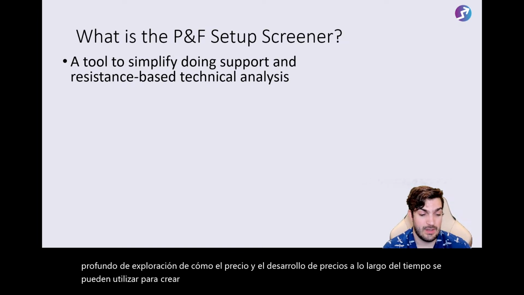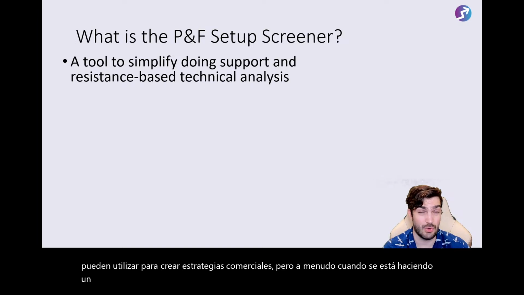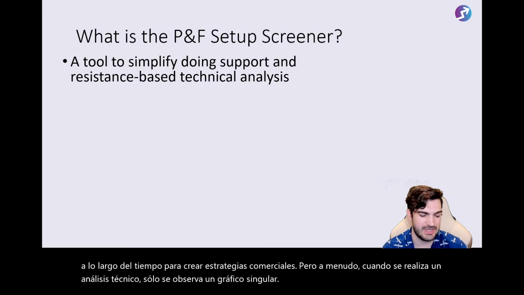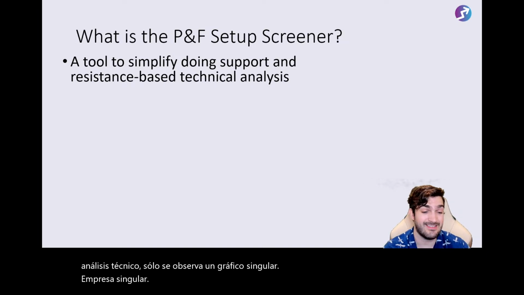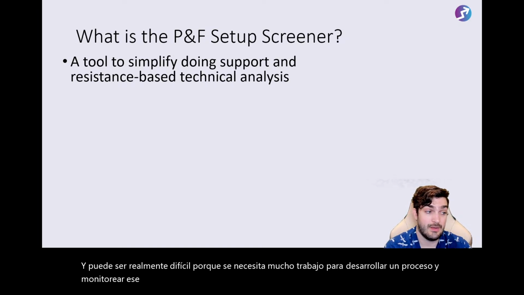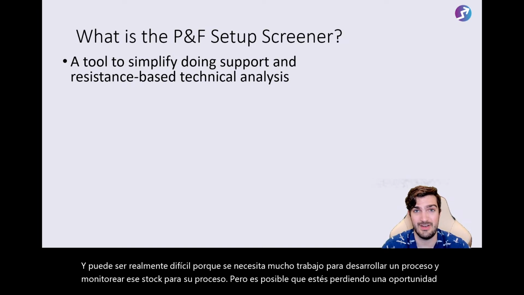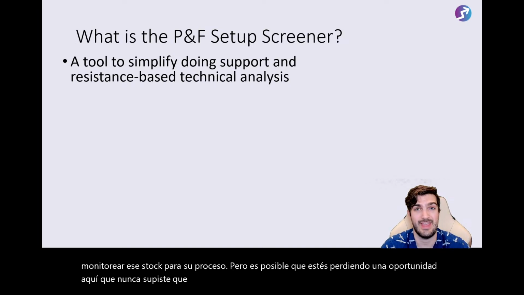But often, when you're doing technical analysis, you're only looking at a singular chart, singular company. And it can be really difficult because it takes a lot of work to develop a process and monitor that stock for its process, but you might be missing an opportunity over here that you never knew existed because you just weren't looking at that security.